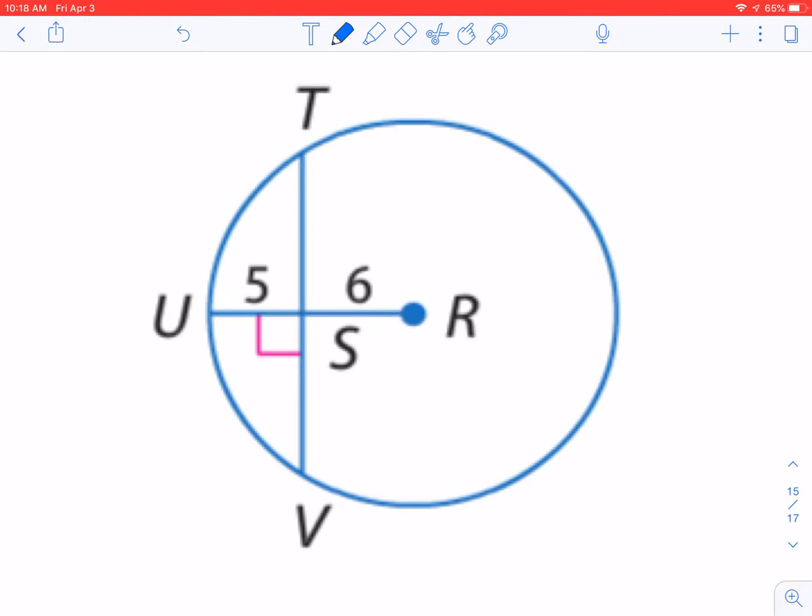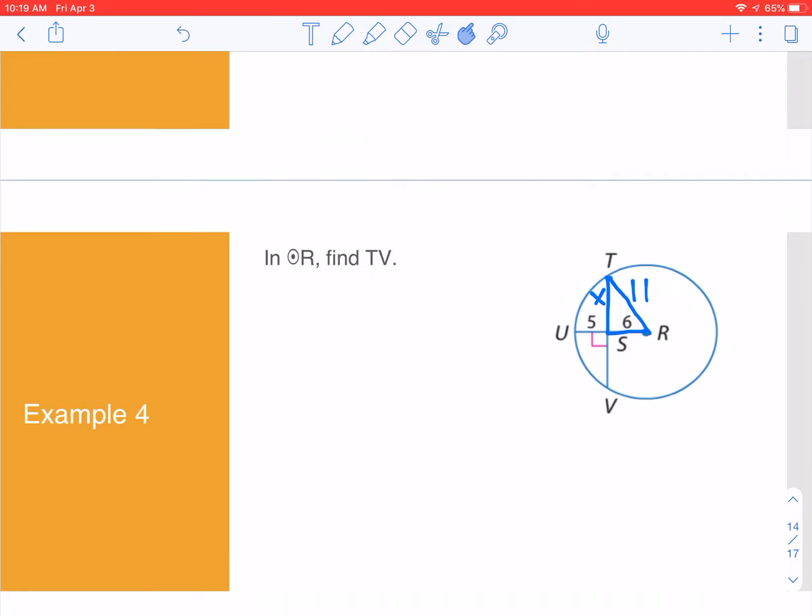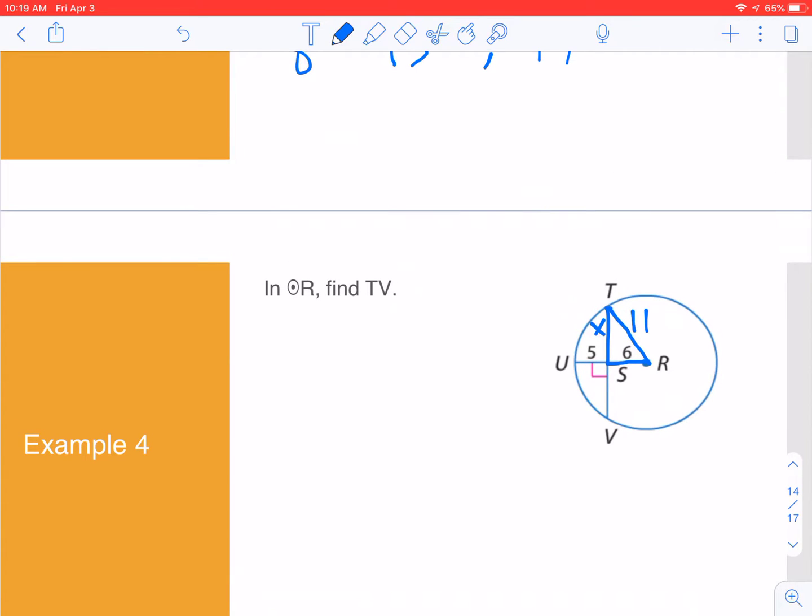What I'm going to do, once again, is make my right triangle. Now I have my right triangle, and this part is x. So this is not a Pythagorean triple. We're going to get a decimal here for TS. So let me just outline my triangle I'm trying to find here. Right triangle. Zoom out so I have a place to show my work. X squared plus 6 squared equals 11 squared.